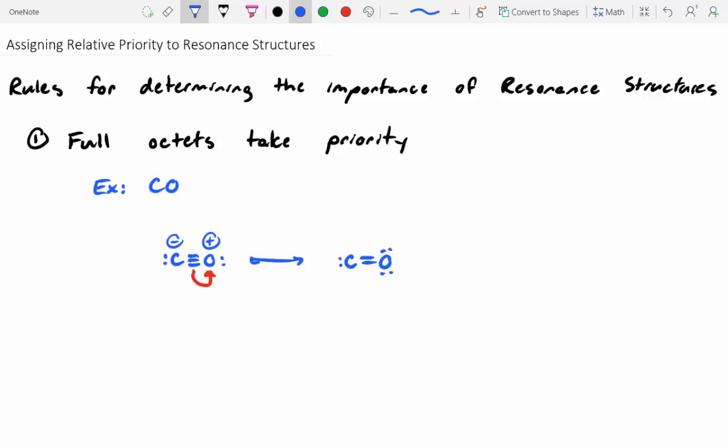What's the formal charge on oxygen now? It normally has a valence of 6. We've got 1, 2, 3, 4, 5, 6. So it's neutral now. What about carbon? It's neutral. Technically, following our assignment of determining formal charges, carbon and oxygen are neutral for the compound on the right. However, this carbon, let me actually use a different color, doesn't have a full octet.